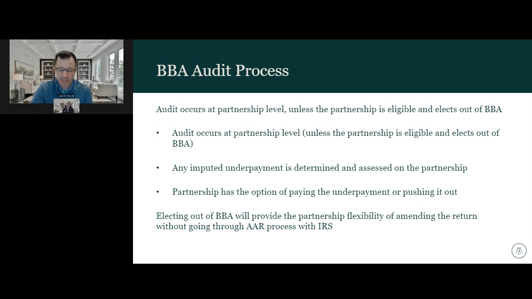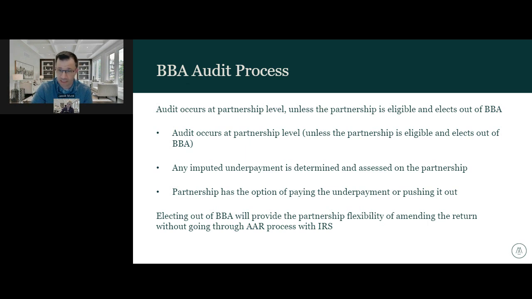So a lot of times we may recommend that partnerships elect out of the centralized audit regime, CAR, which a lot of you might see forms for each year as your tax returns are prepared to elect out or elect in to that regime. So, the key point there is it may be advisable to elect out.